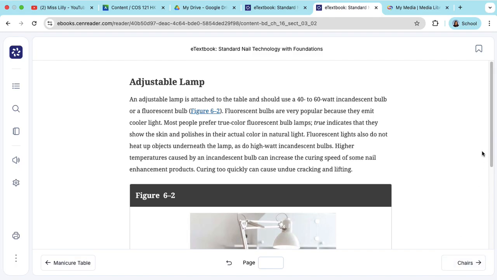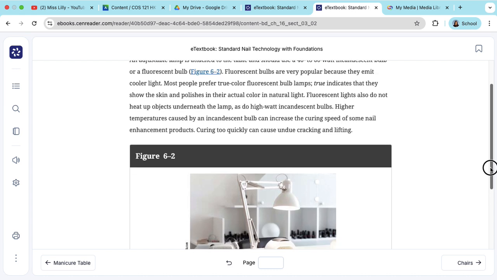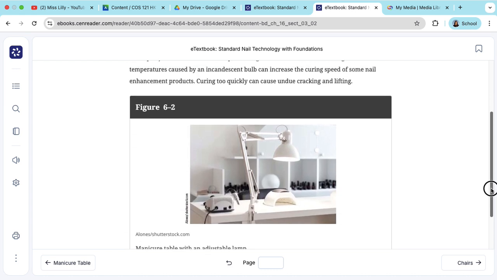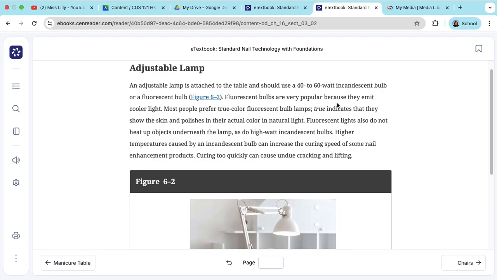We have the adjustable lamps, which should have the 40 to 60 watt incandescent bulb or fluorescent bulb.